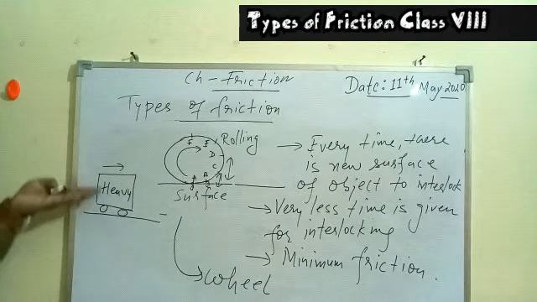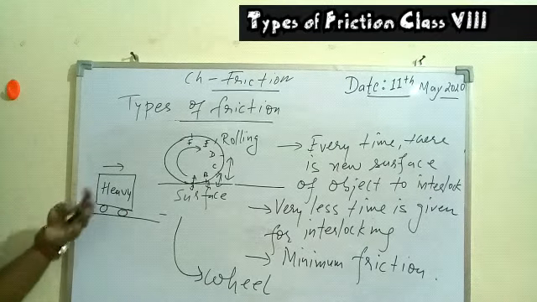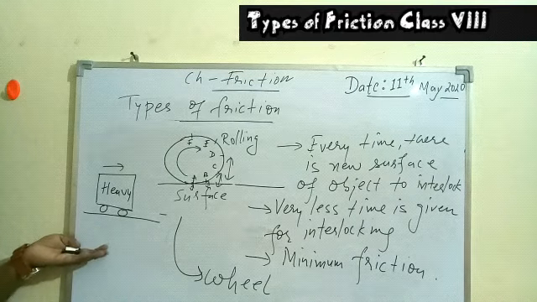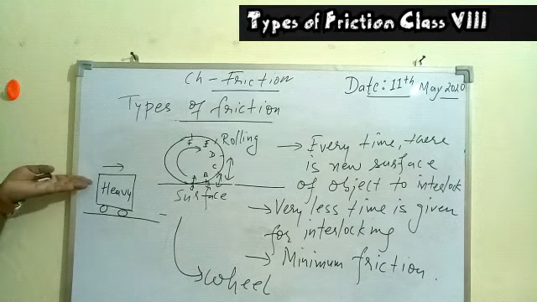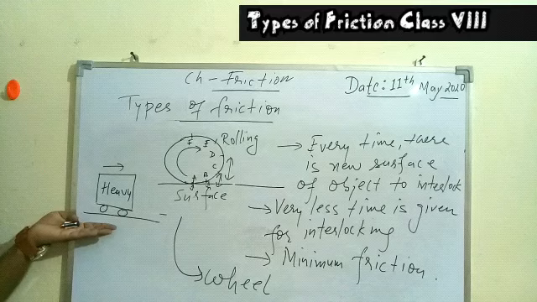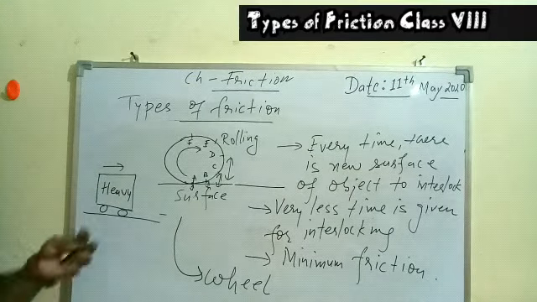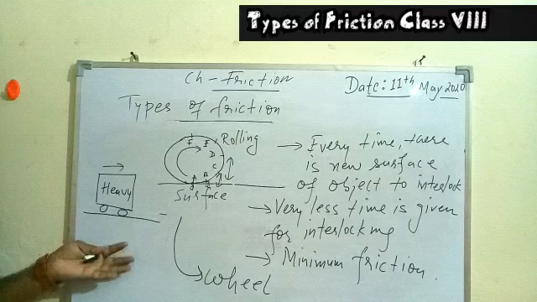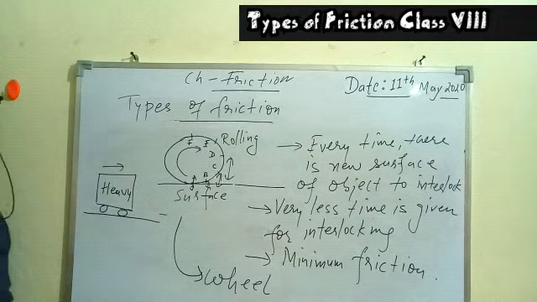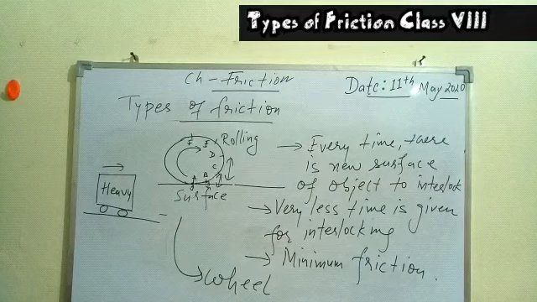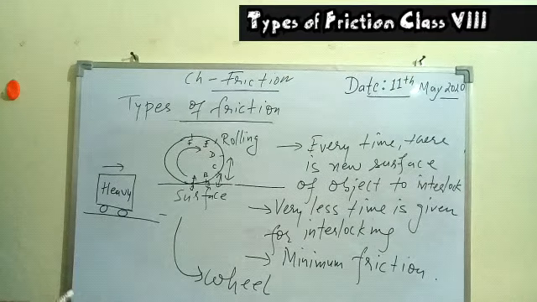Once you attach wheels to the heavy object, it's not so difficult to move it now. That is how heavy vehicles can move easily. So what we have done is we converted the sliding friction into rolling friction. Once we come to the rolling friction, the friction is minimum, and then it's very easy to move any object even if it is heavy enough. And we have lots of heavy vehicles which are moving without any difficulty just because of this concept.